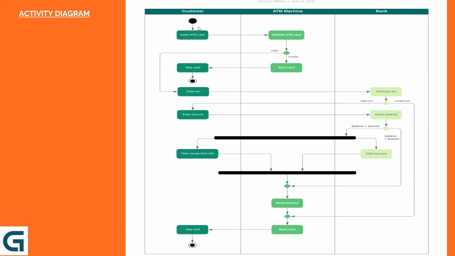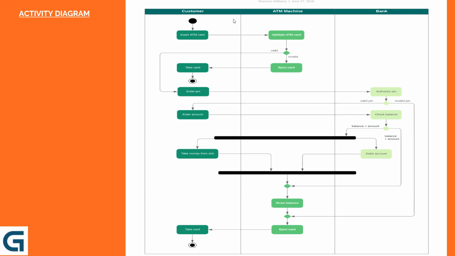And what you see here is a simple activity diagram of the flow of a cash withdrawal. This cash withdrawal is triggered by a customer, and it also connects back with the bank. So a person has gone to withdraw some amount from an ATM machine.